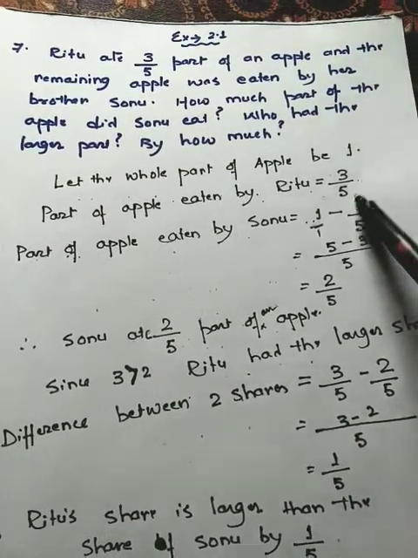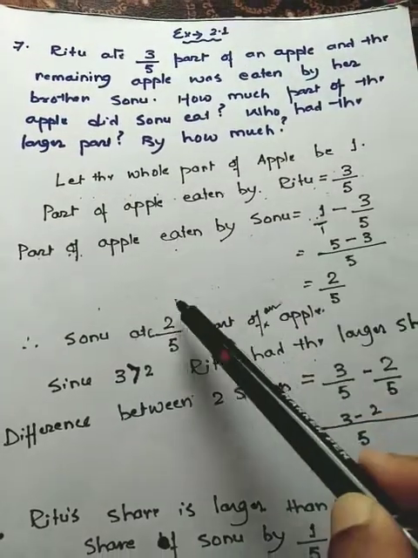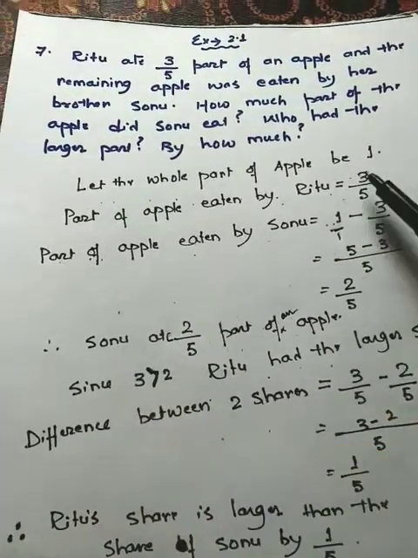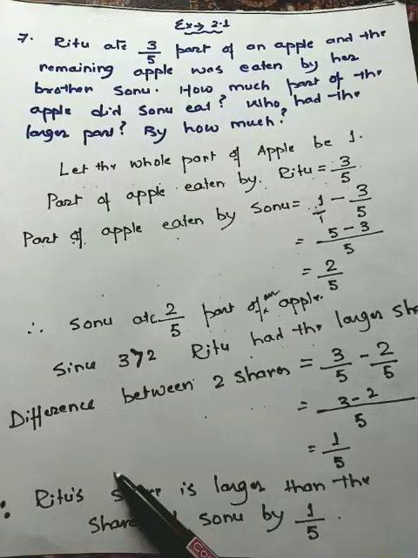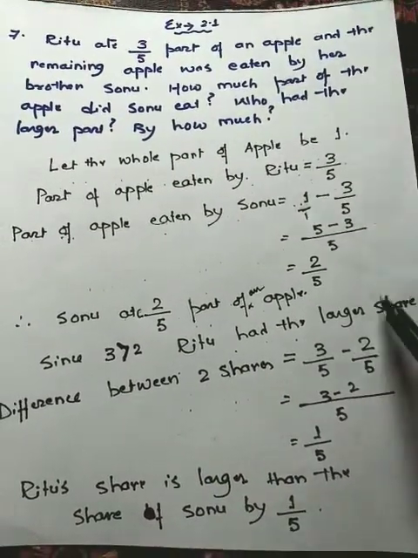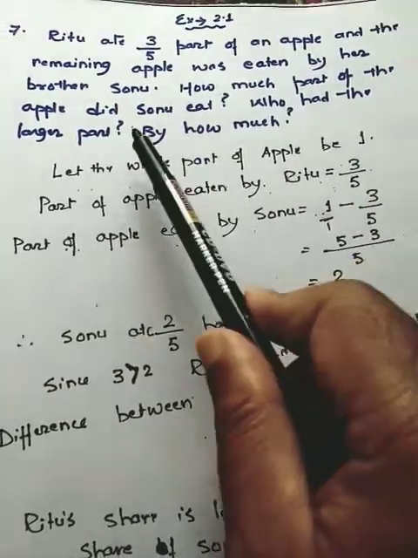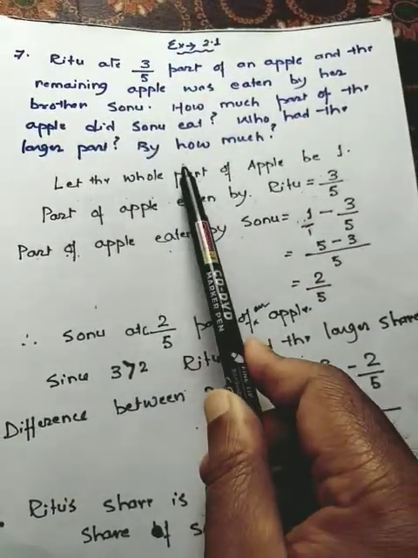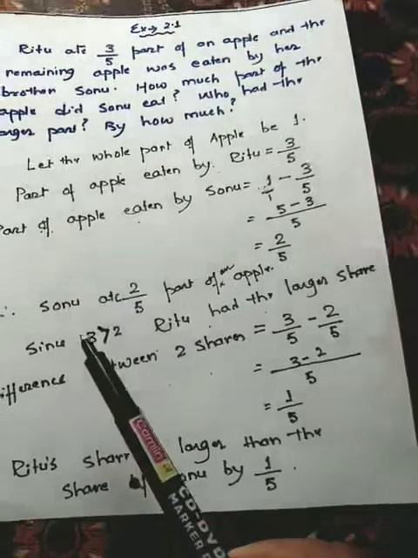3 by 5 is whose share? Ritu's share. And 2 by 5 is Sonu's. So since 3 is greater than 2, Ritu had the larger share. So I've answered who had the larger part. Now you have to find out by how much, that is, you have to get the difference.